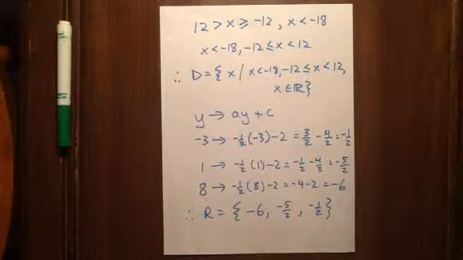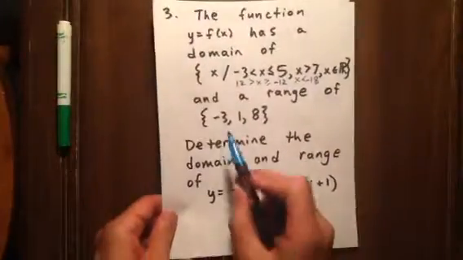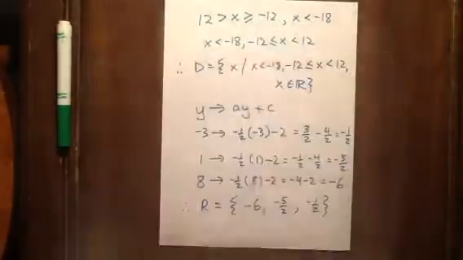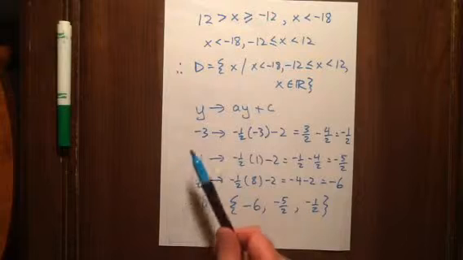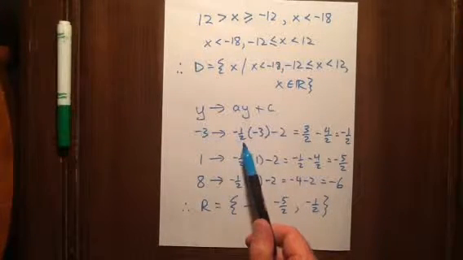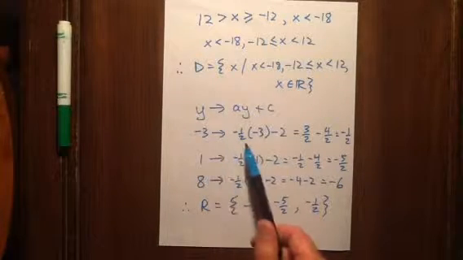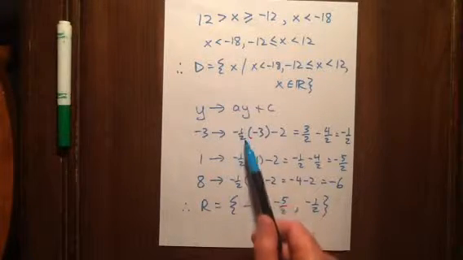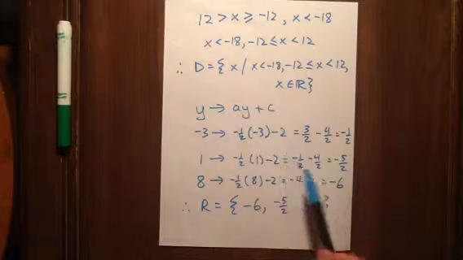And lastly, we've got y mapping onto ay plus c. And we just simply had 3 values for y. That'll happen sometimes. And so what we're going to do is take each one of these y values and map it onto ay plus c. So negative 3 maps onto negative a half, which is a, times negative 3 minus 2.